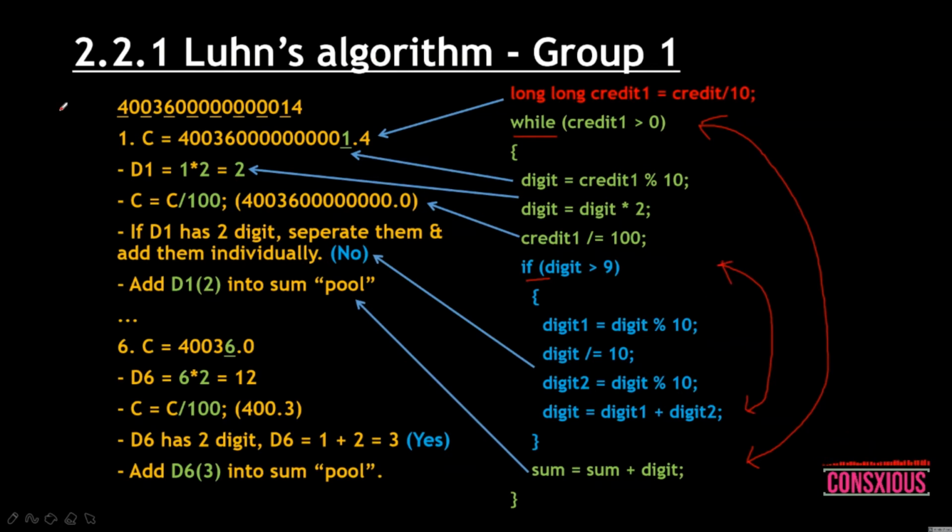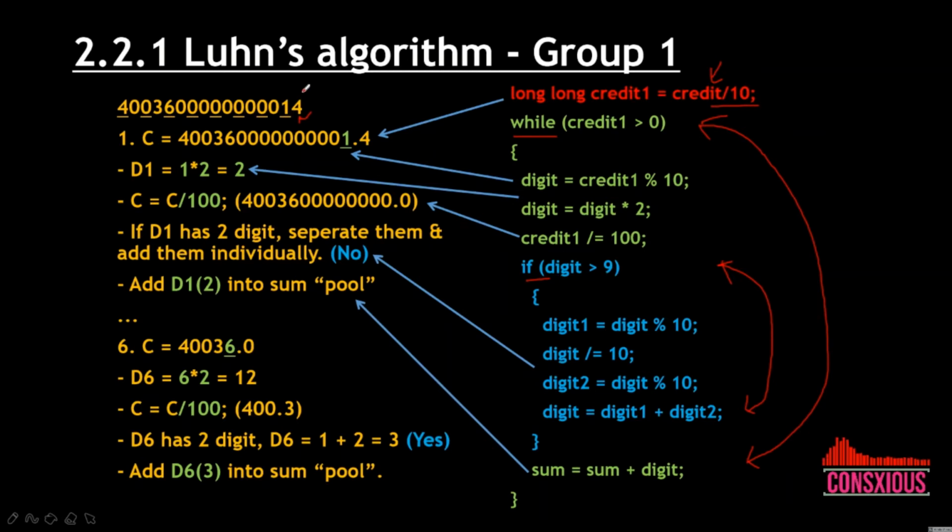For group 1, you have to divide by 10, so we just shift here. We declare another variable here, a long, to divide by 10 because we want to keep the credit card number. So the big loop here considers that this number is always more than 0.